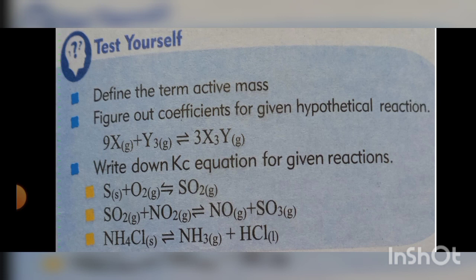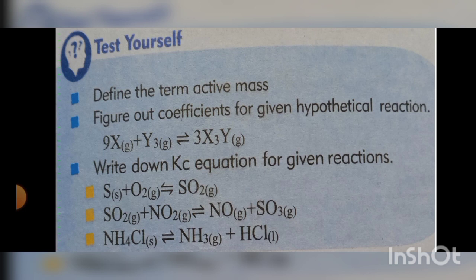In this reaction you can see that 9 is written with the x, so 9 is the coefficient. There is no value with the y3, so its coefficient will be 1. 3 is written with the x3y, so 3 is the coefficient of the x3y. So you can see that the number of moles is actually the coefficients. For the equations that are given to you, you have to write the Kc equation.